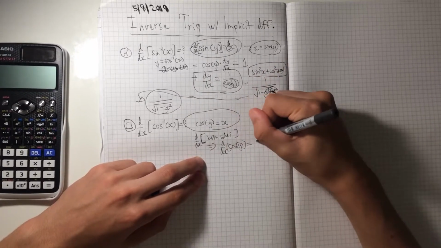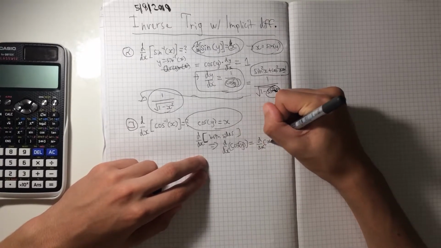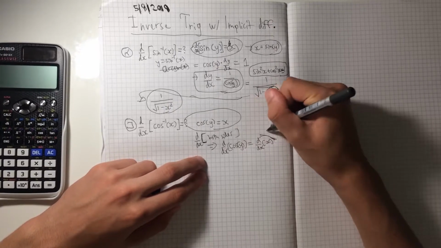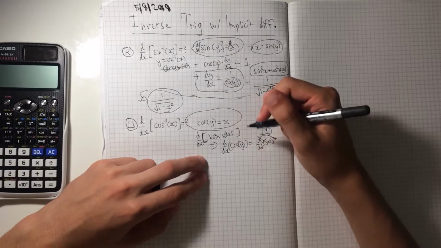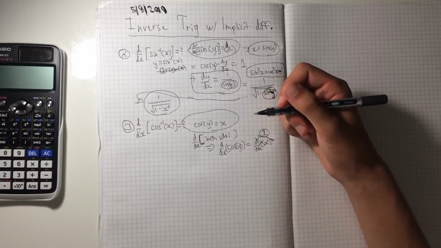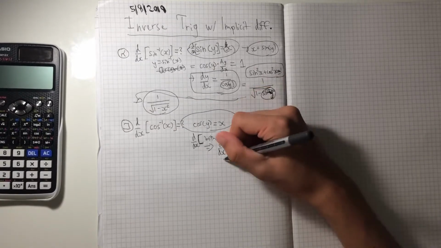And what is the derivative of x? We know the derivative of x is just 1. Now, cosine differentiates to minus sine, but it's y, so I need to multiply by dy over dx.